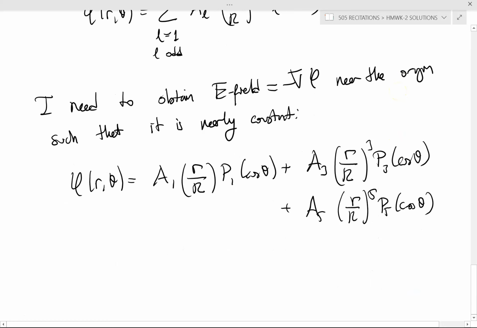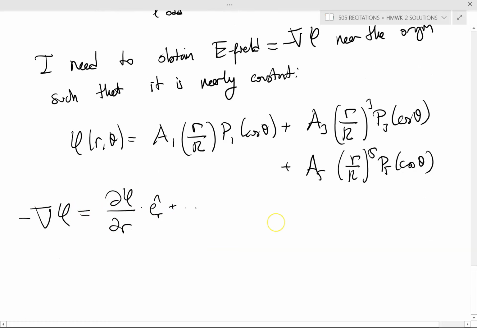Nice. Once you take the derivative of this with respect to r, for instance, and the other components, you see the order of r will simply be decreased.